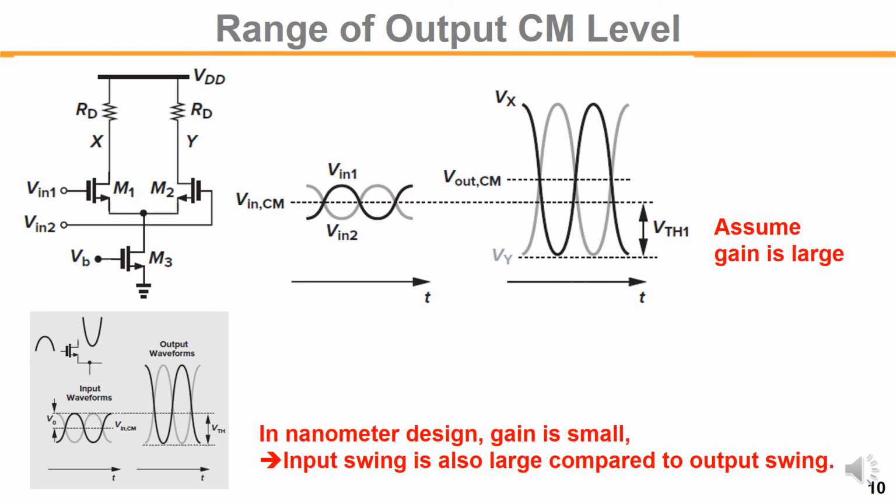In actual nanometer design, the gain itself is small, so for the approximation here, we just assume that the input signal swing is very small and the output swing is very large. So when we calculate the output range, we only consider the input CM. But in reality, what we have to consider is the maximum input swing, the gate voltage.